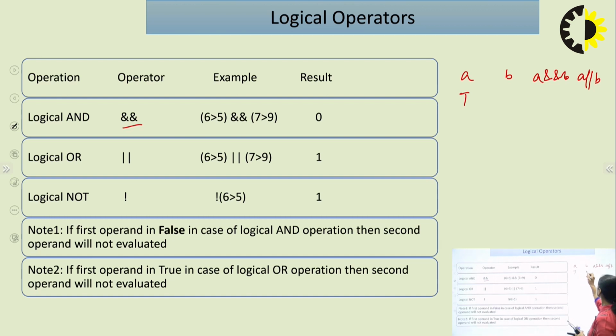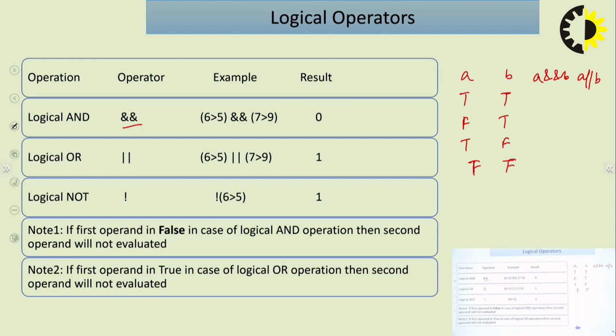Now the normal combinations between A and B could be: A could be true, B could be true; A could be false, B could be true; A could be true, B could be false; or both of them could be false.